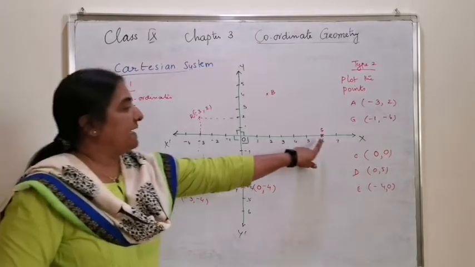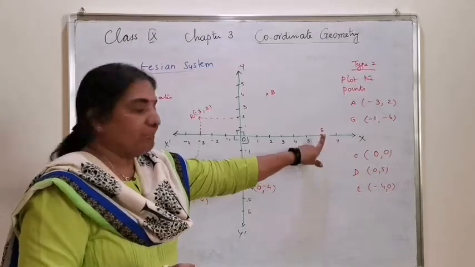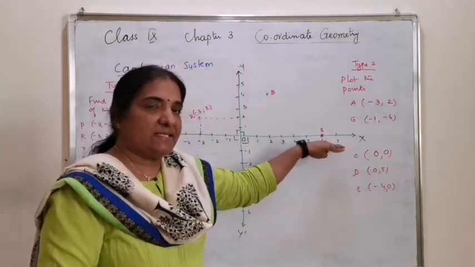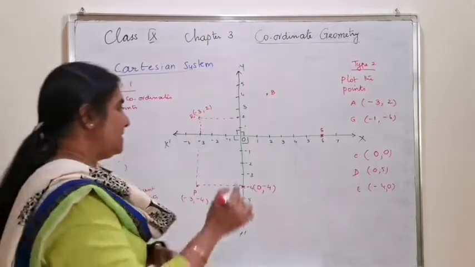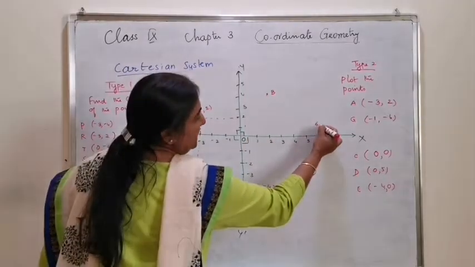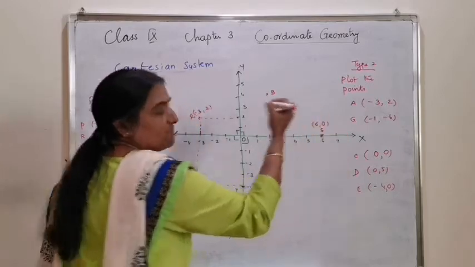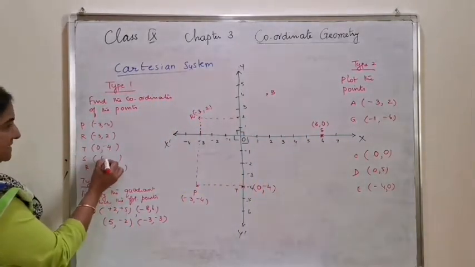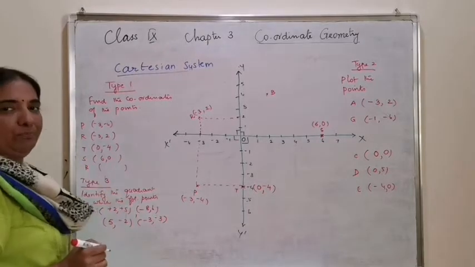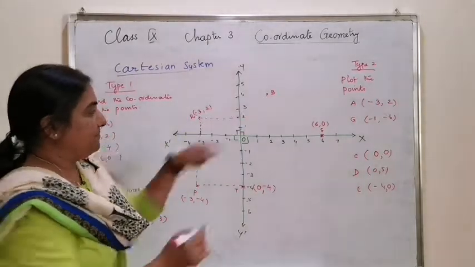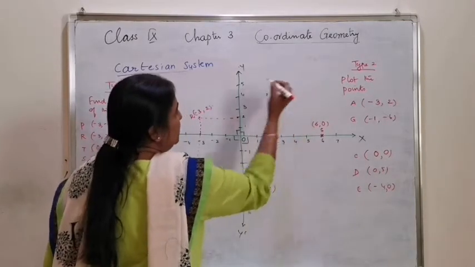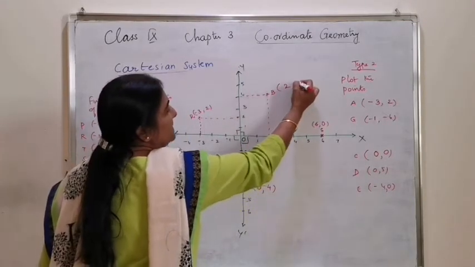The point S, in a similar way, is on the x-axis. So the x value is 6, but the y value is 0. The point S is (6, 0). The point B, the x coordinate is 2 and the y coordinate is 4.